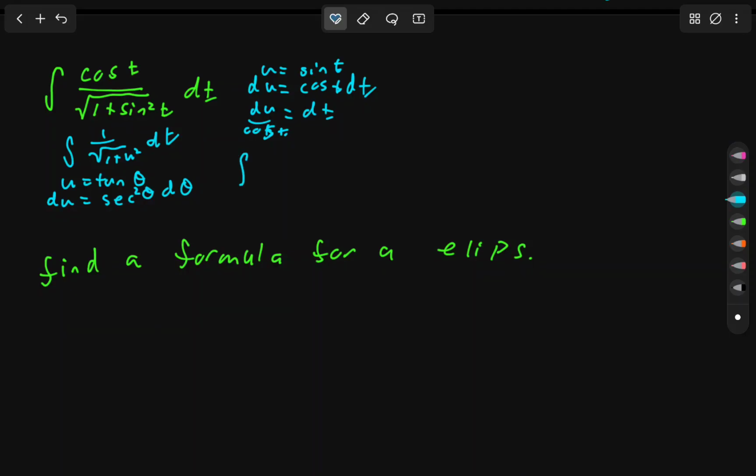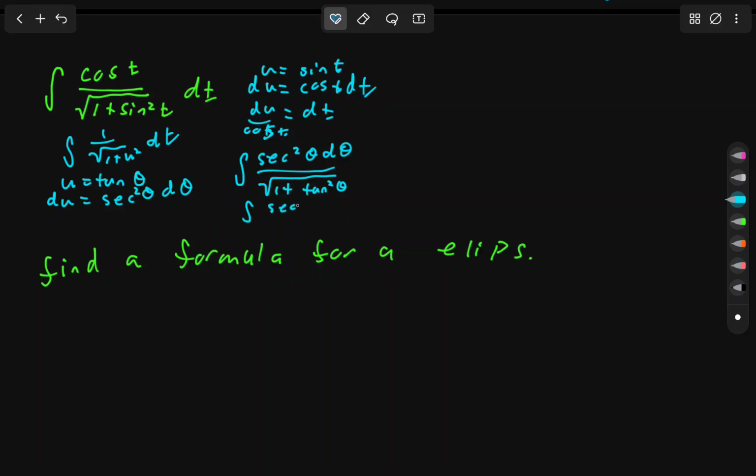So this is going to become the integral of secant squared of theta d theta over the square root of 1 plus tangent squared of theta. 1 plus tangent squared of theta is the same thing as secant squared.